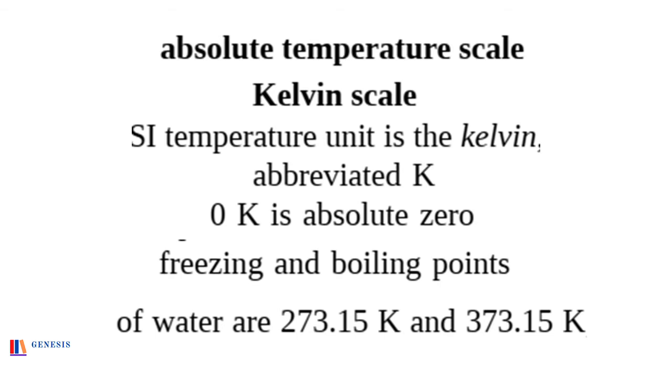The SI temperature unit is the Kelvin, which is abbreviated capital K, and note that it is not accompanied by a degree sign. Thus, 0 Kelvin is absolute zero. The freezing and boiling points of water are 273.15 K and 373.15 K respectively.